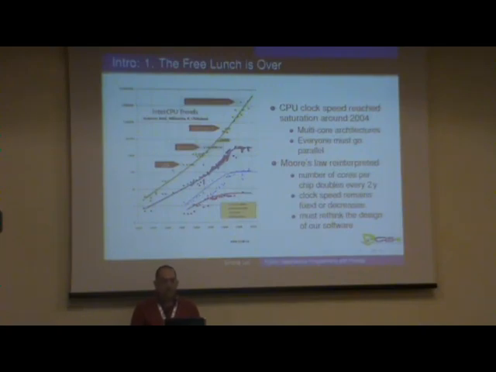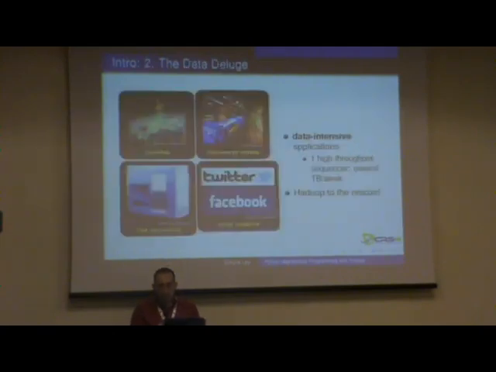But you might say, okay, why do I need my software to be faster? It's fast enough as it is. Well, that might not be the case. In many fields of science and industry, there is a recent phenomenon which has been called the data deluge. There are many fields where the amount of data to process has increased tremendously.